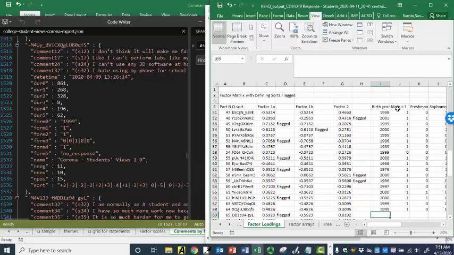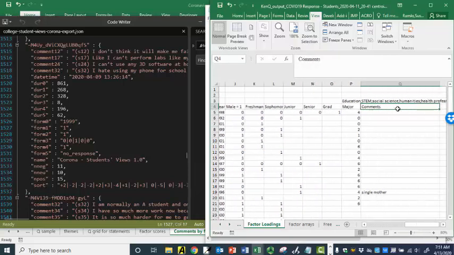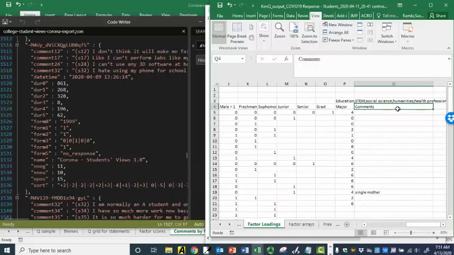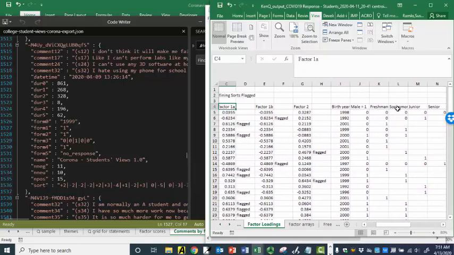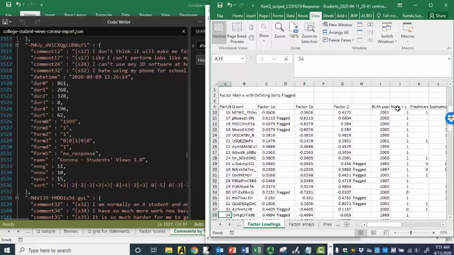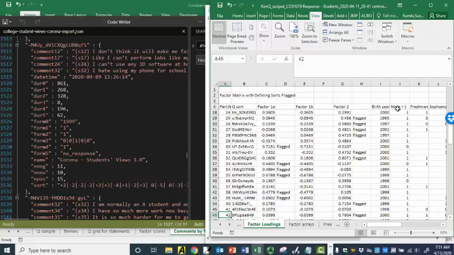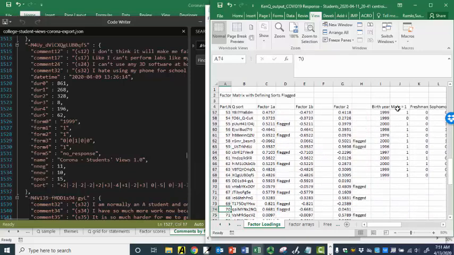And then I just added some additional demographic information I'm going to get right from here. And then some comments. So literally I have just been going through by hand. But when you think about entering sorts by hand, this is no more complicated than that, that's for sure.